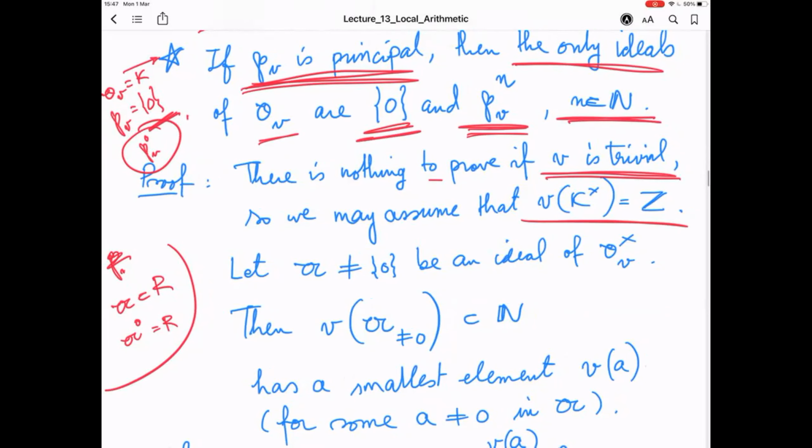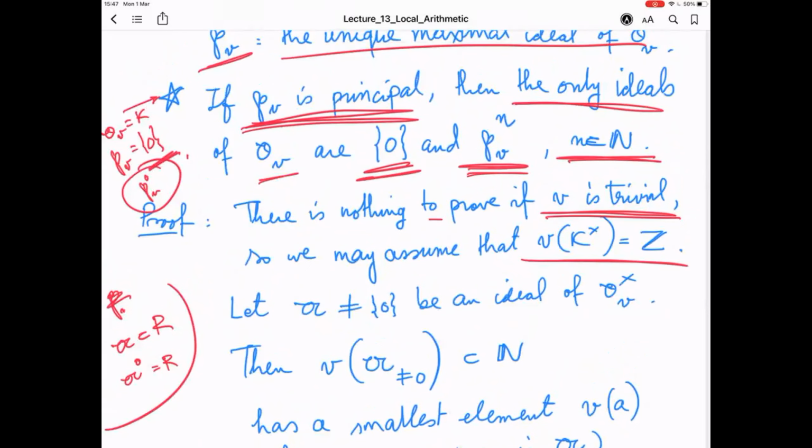Because we know that if P_v is principal, then the valuation v is discrete, and every discrete valuation is equivalent to a unique normalized discrete valuation. And when I change one valuation to an equivalent one, I don't change the ring of integers, nor the maximal ideal in that ring of integers. So I can assume that v(K*), the value group, is equal to Z.